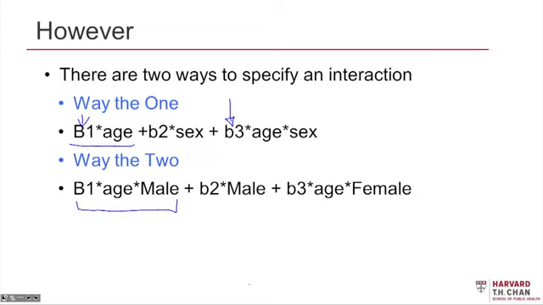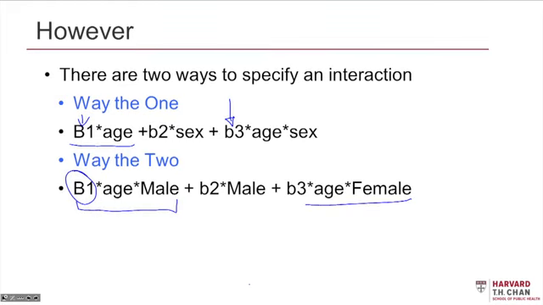So that gives me the coefficient of age for males. And this is 0 because if male equals 1, female equals 0, right? And 0 times anything is 0. But for females, this is 0. And this gives me the effect of age in females. And I only have to put in the dummy variable for male because female is 1 minus male. And so you only need one of those, right?